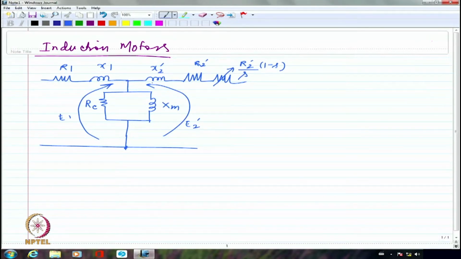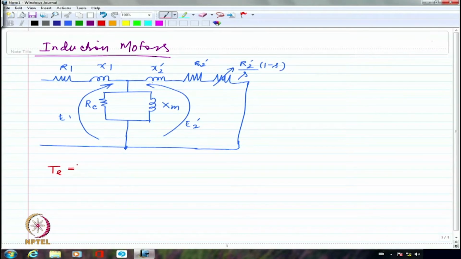And then we said this represents the short circuit that is there in the rotor of the cage induction motor, or in the slip ring induction motor, where we create a short circuit external to the rotor, right? This is the equivalent circuit we drew, and based on this we wrote the torque expression.